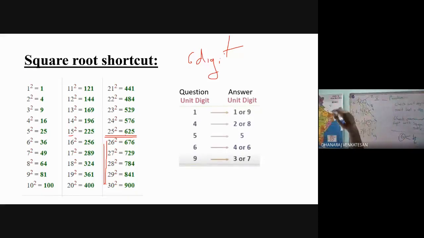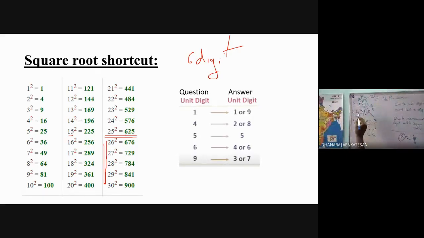Next, 8 into 9 is 72. Here 67 is less than 72. Take the lesser value. See how fast I have solved this problem. I'll go a little faster.